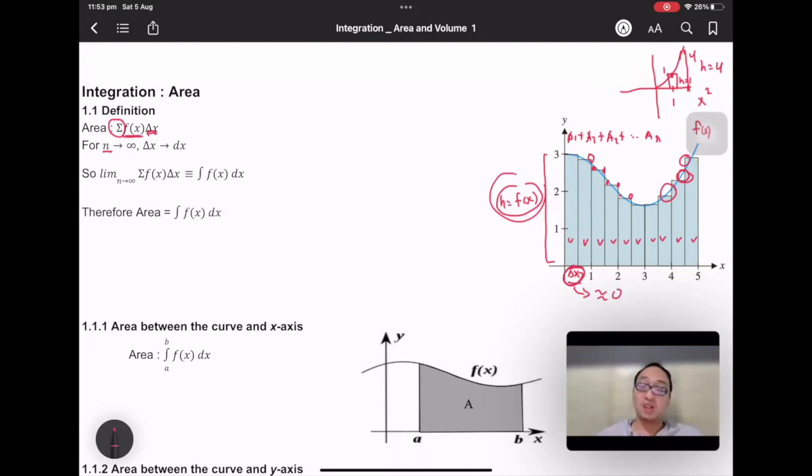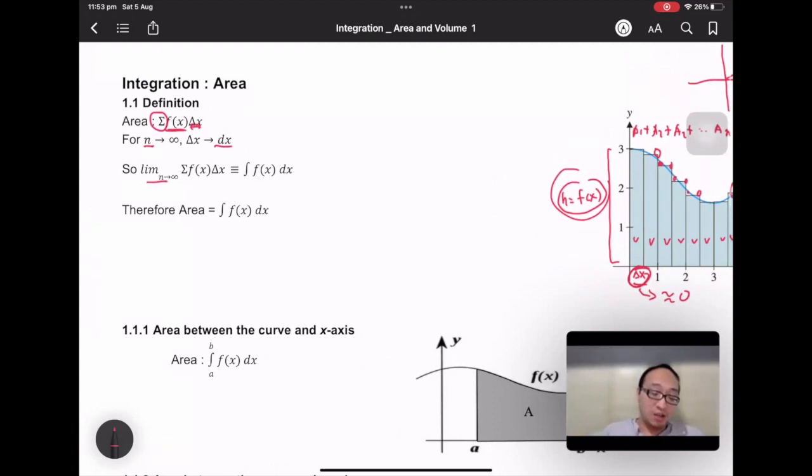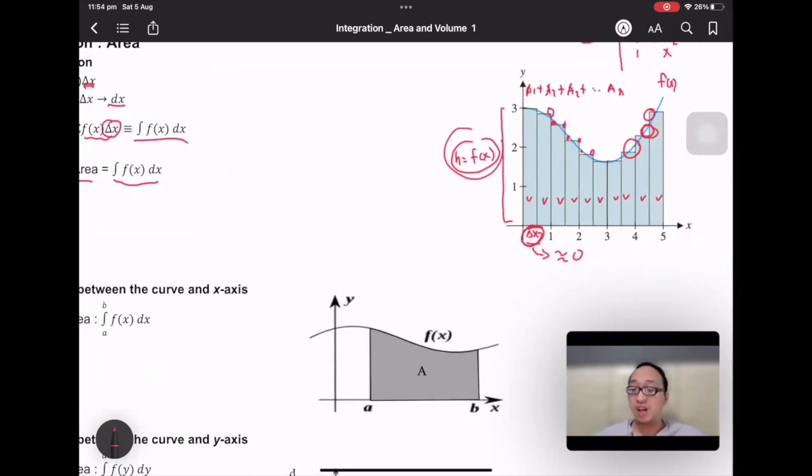So we can change delta x into dx notation, and using the limit, the sum of the areas of the rectangles can be written as an integral of f(x) times dx. Therefore, we can use the integration of a function to find the area between the curve and the x-axis.